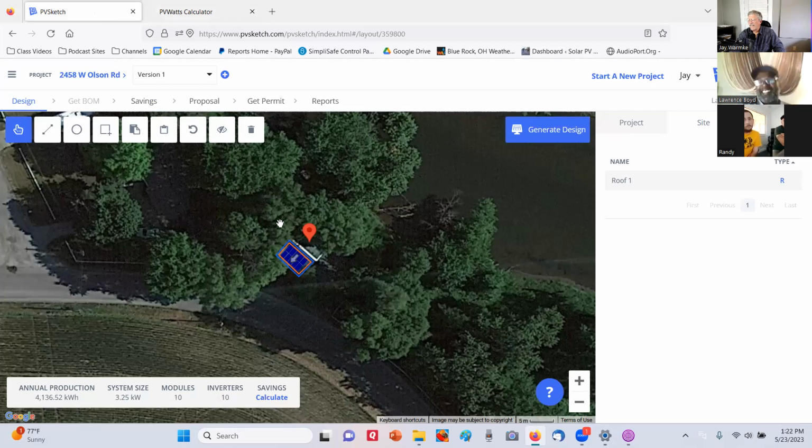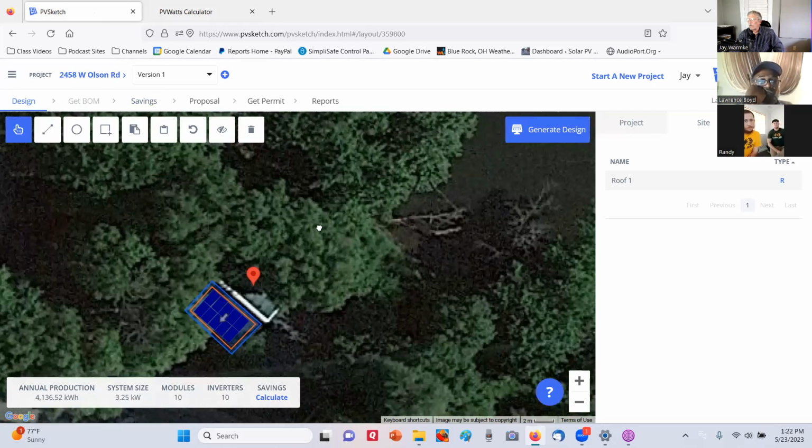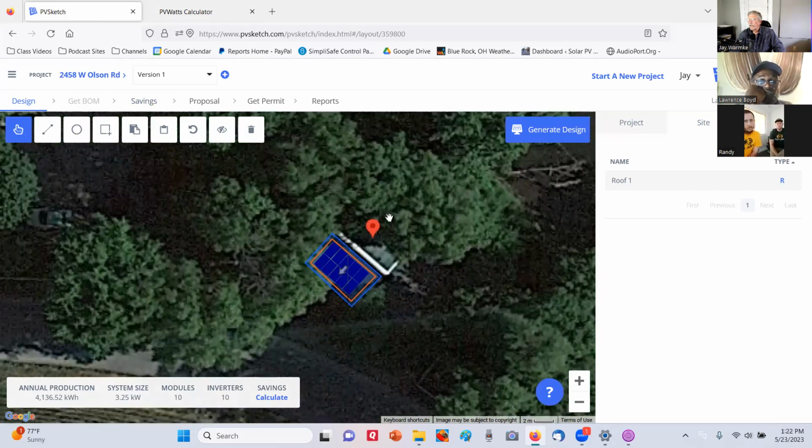If we wanted to figure out what our cost is, with this particular system I can go this far with a solar array without paying. I can design the system to this point.